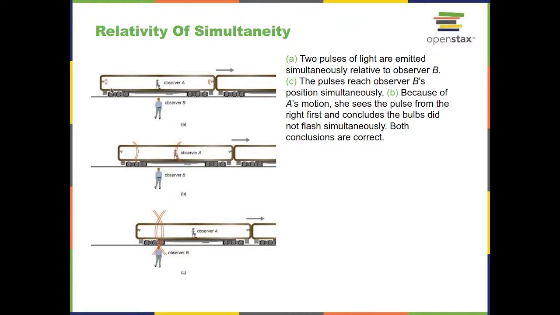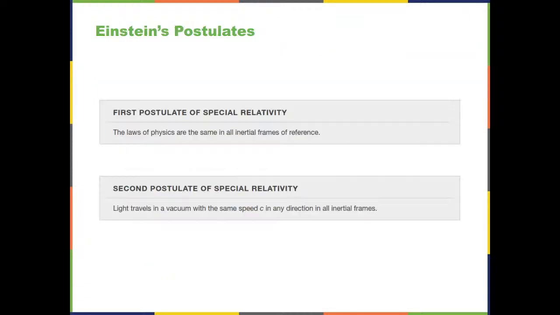Observer A, however, has moved forward after the light was emitted. She will therefore see the light pulse that was emitted at the front of the train before the light that was emitted from the back of the train. Now, observer A in the train knows the second postulate of special relativity by Einstein.